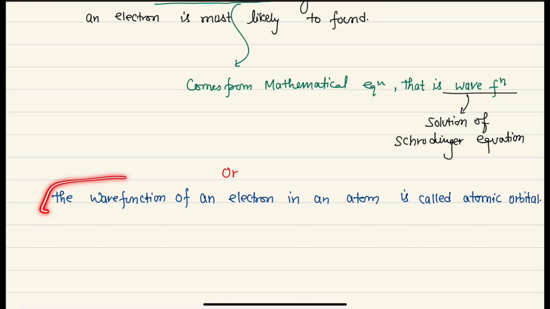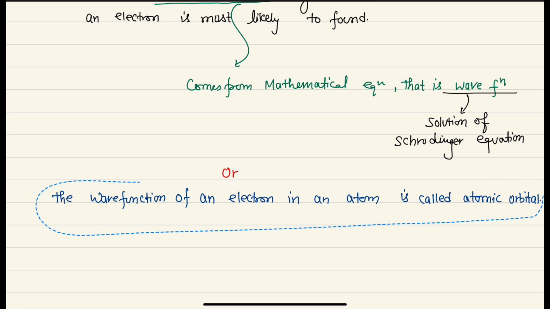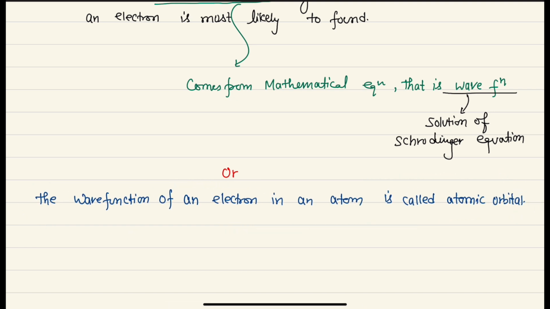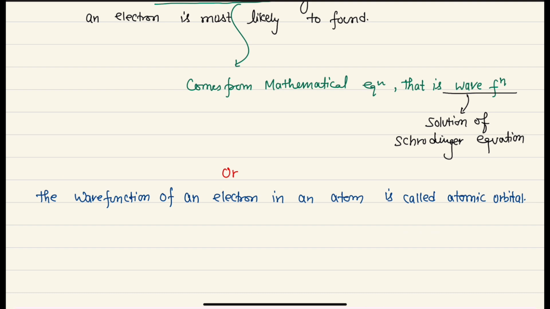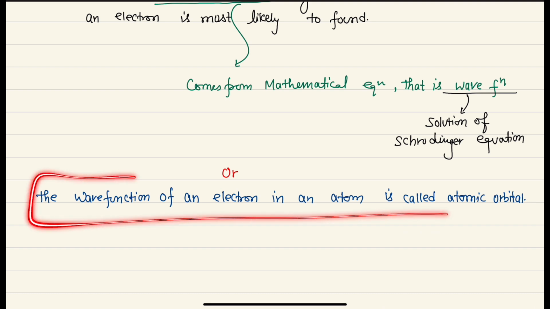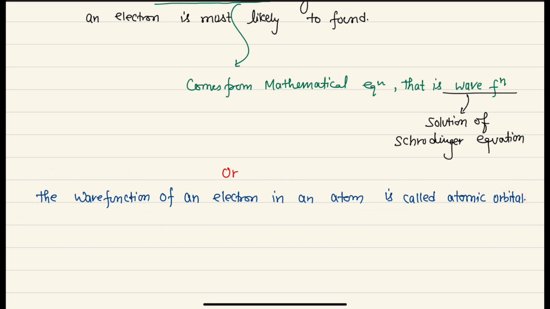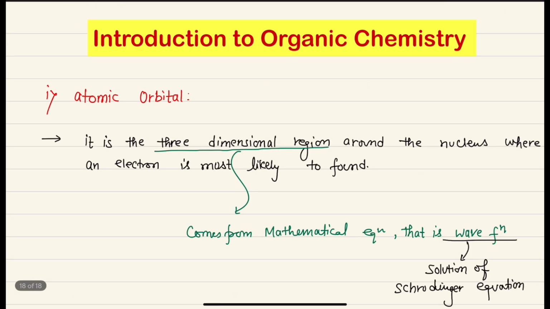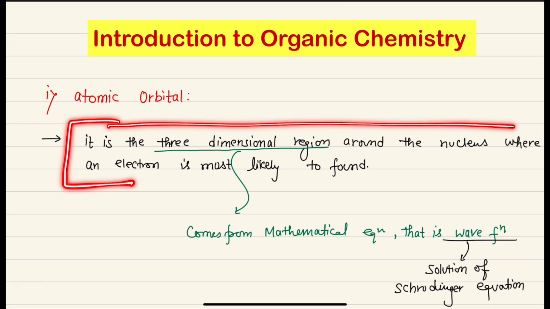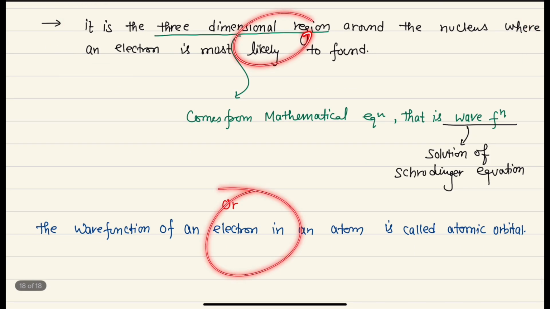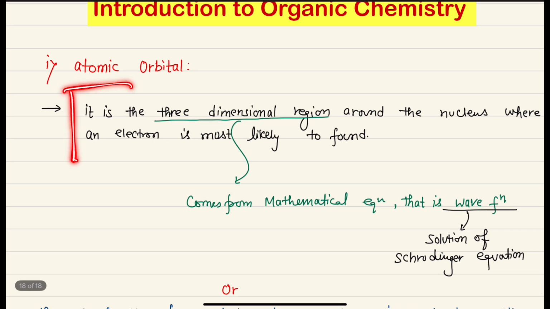This definition is so straightforward. This is the actual definition from quantum mechanics, and the earlier one I explained in a very simple language. Both are the same thing, but that one is a more simplified version of the definition of the atomic orbital.